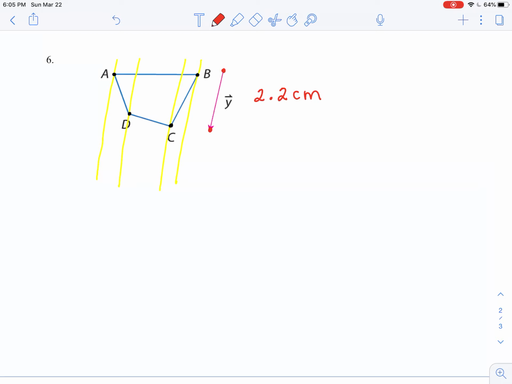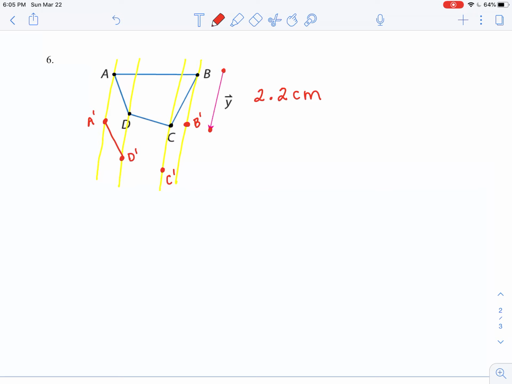So when I measure from point B, B prime ends up about here. 2.2 centimeters from C should make C prime about here. When point D moves, it should be approximately here for D prime. And A prime should be around here.